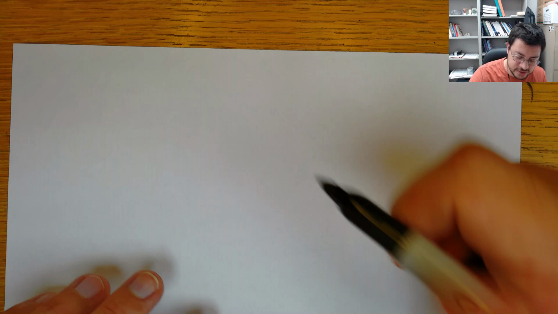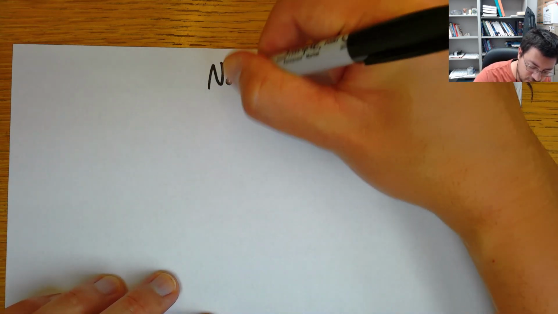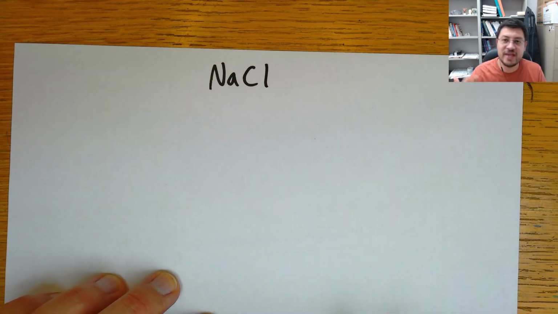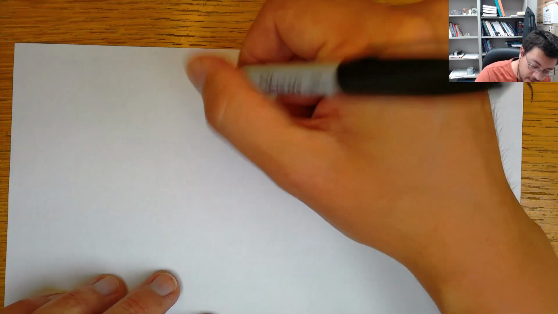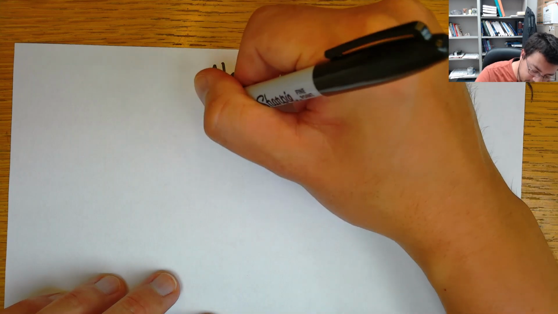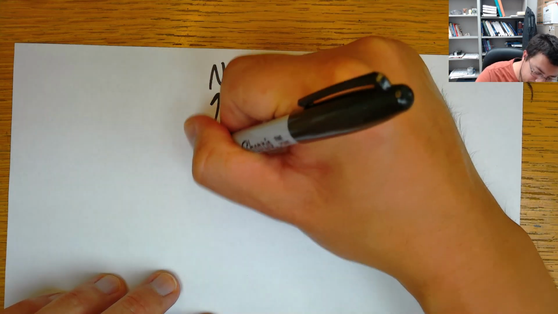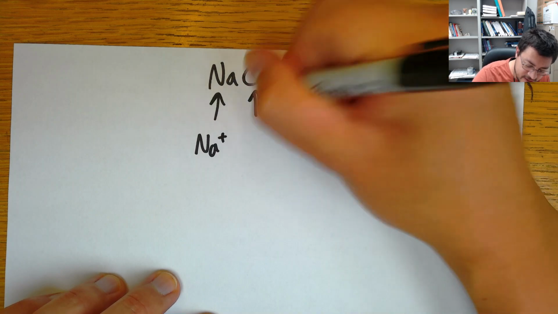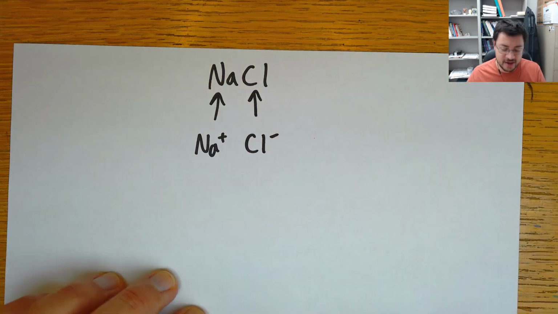All right, so let's really illustrate this. So again, we have sodium chloride, okay, just table salt, or if you're a geologist, halite, whatever, rock salt. So in this formula, you actually have a sodium plus cation and a chloride anion.